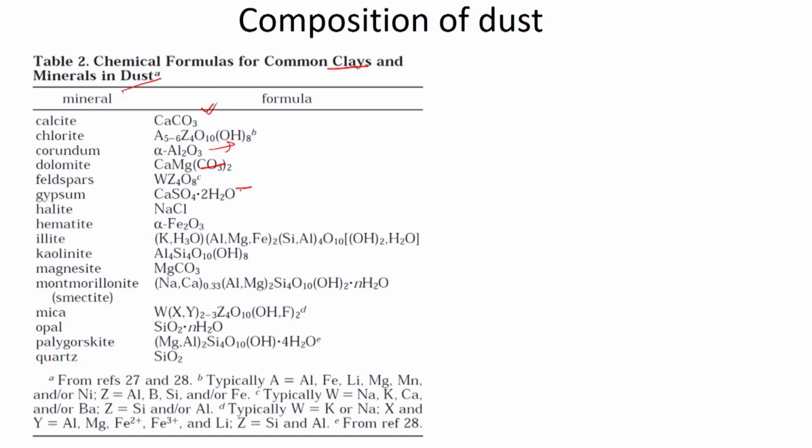Then you have gypsum, calcium sulfate with some water content, and halite, which is very important, and we will discuss it in absorption. Then hematite is an absorbing aerosol that is present in the atmosphere. Because of this contribution, road dust also becomes absorbing.